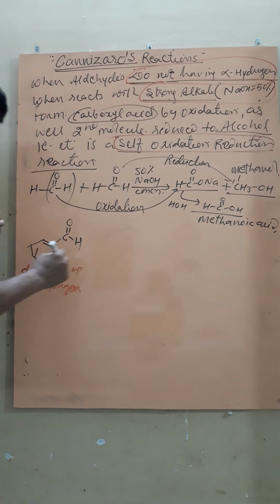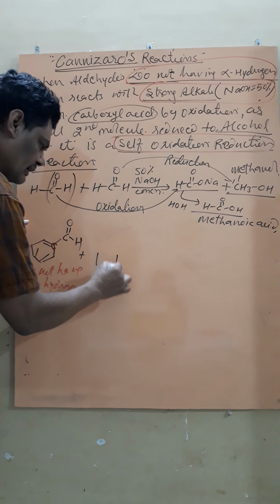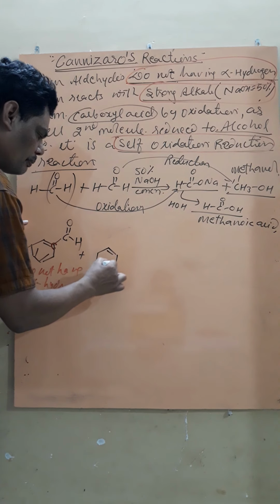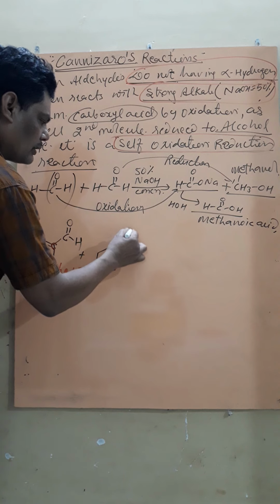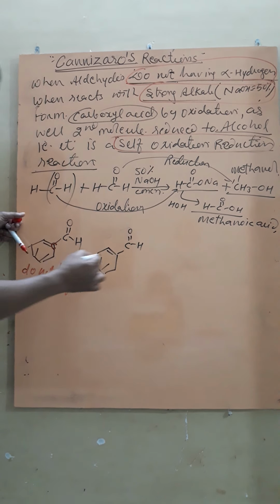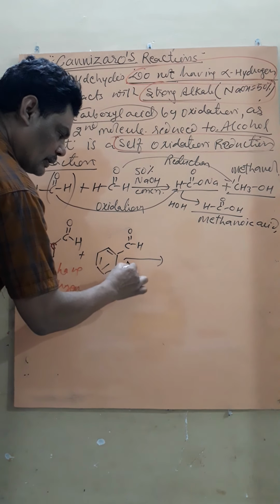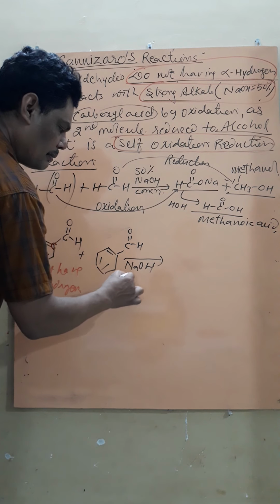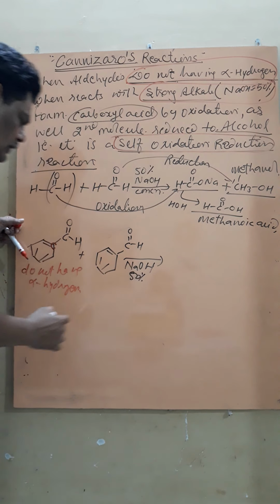So, when one more molecule of benzaldehyde, C double bond O and H, reacts with it, one of the molecules is getting oxidized and one of the molecules is getting reduced.